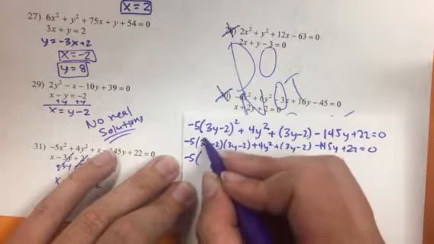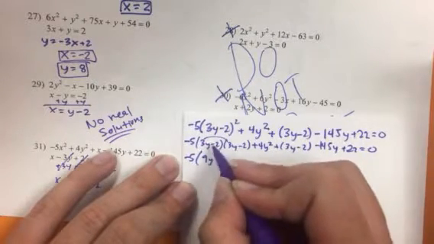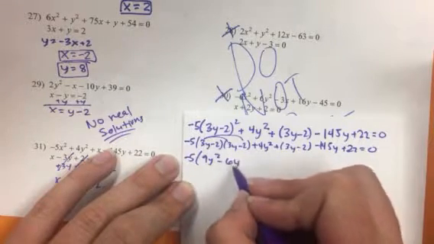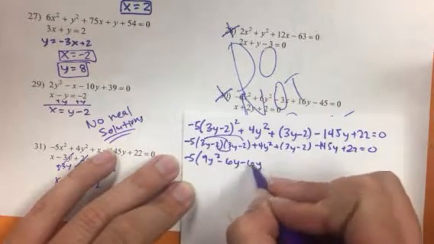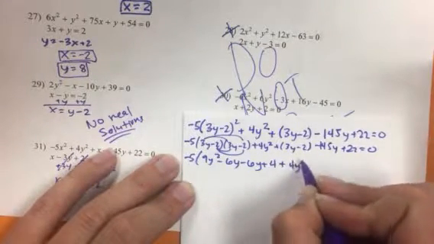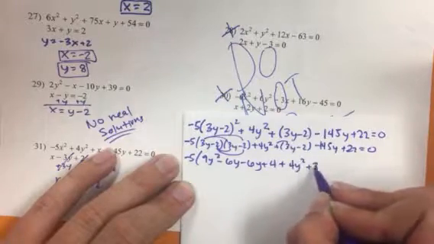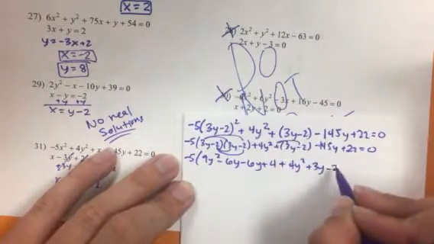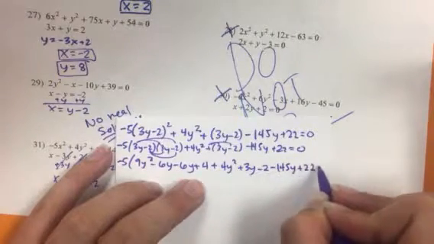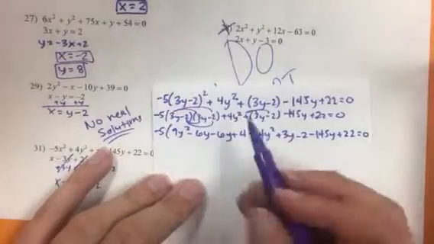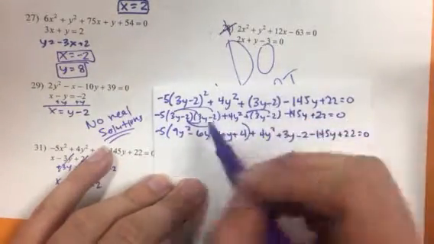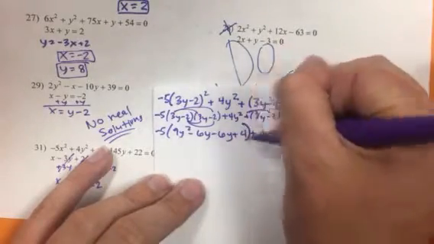Negative 5 times 3 is 9y squared minus 6 with 1y minus 6 with 1y plus 4y squared plus 3y minus 2 minus 145y plus 22 equals 0. Combine, no. I forgot my parenthesis at the end.